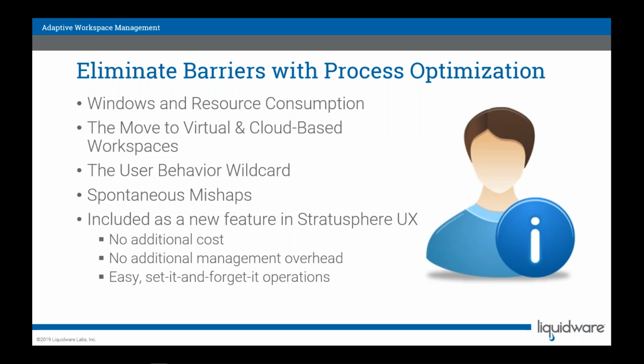So overall, eliminating barriers with process optimization, really great in the 4 use cases that I talked about, whether it's a resource issue as it relates to Windows and the increasing march and frequency of Windows updates, whether it's the move to cloud and virtual-based workspaces, whereby there's a stark and growing change in resource availability when you look at physical available resources versus virtual on-prem or cloud-delivered workspaces.